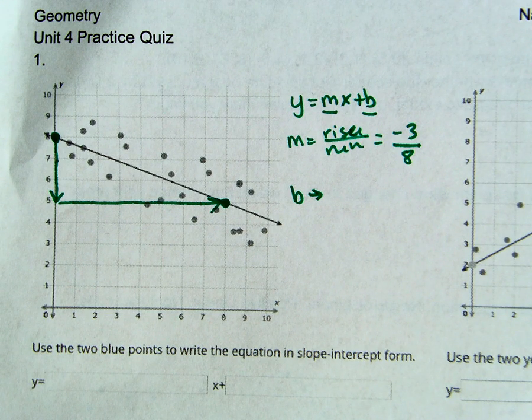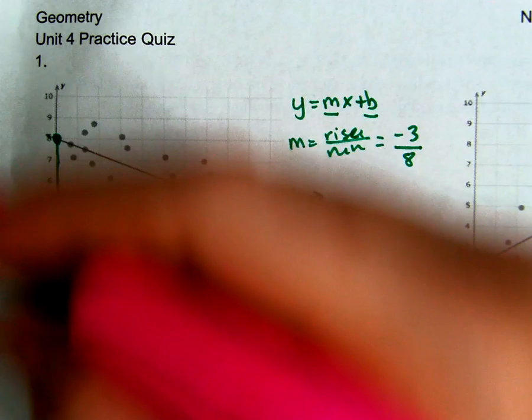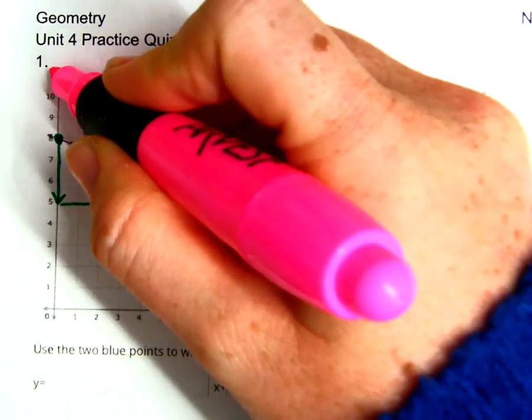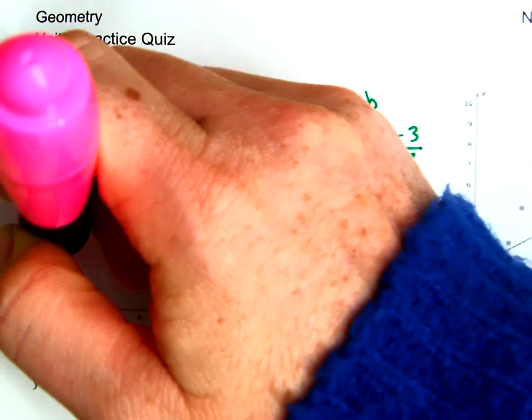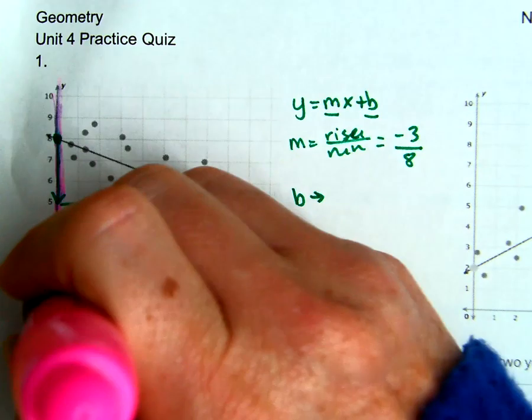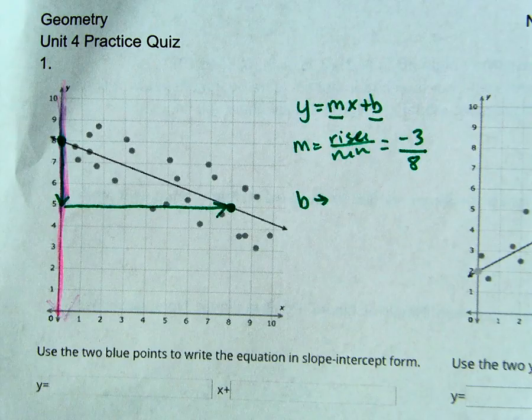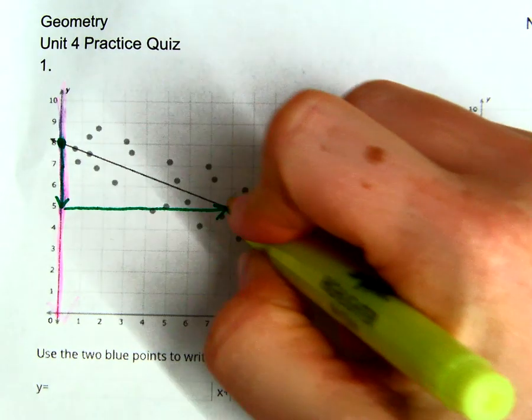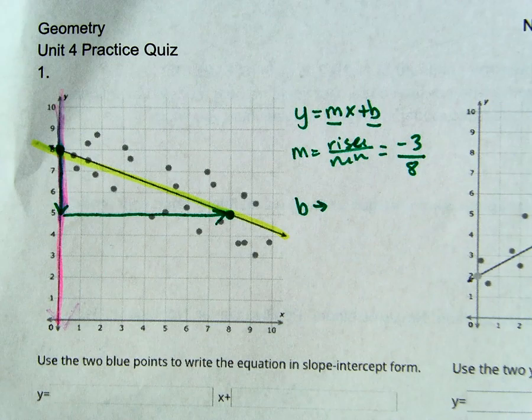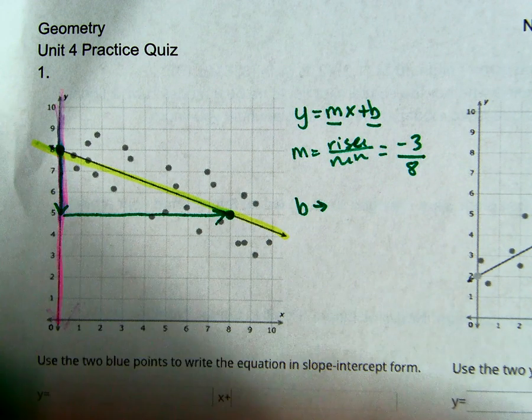And guys, I cannot stress this enough. If I want the y-intercept, then I'm going to ask myself, where does this line intersect the y-axis? Well, here's the y-axis right here. And the line that I want it to intersect is this line right here. So the thought is where does yellow meet pink?